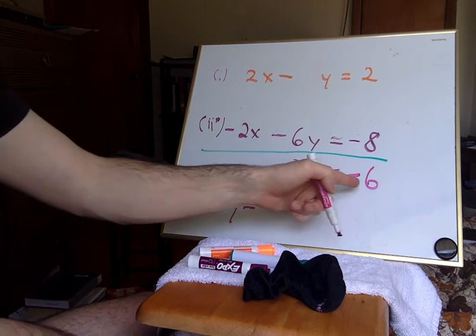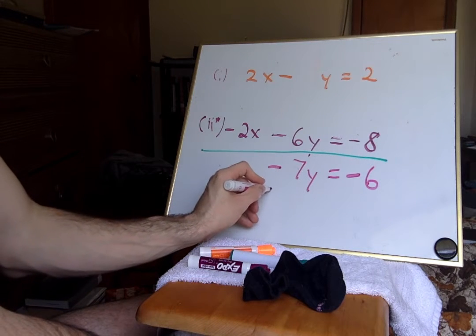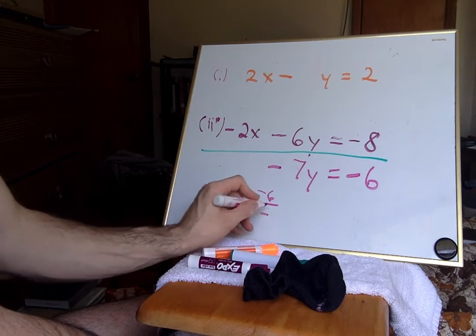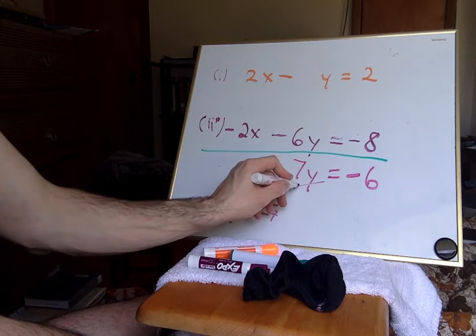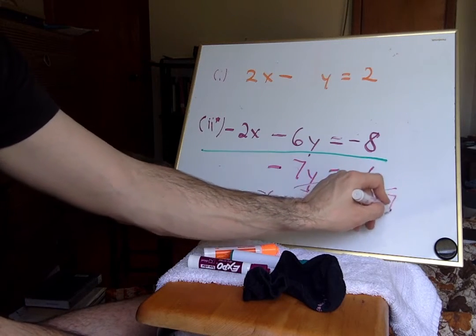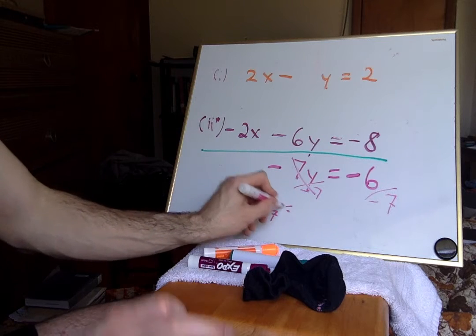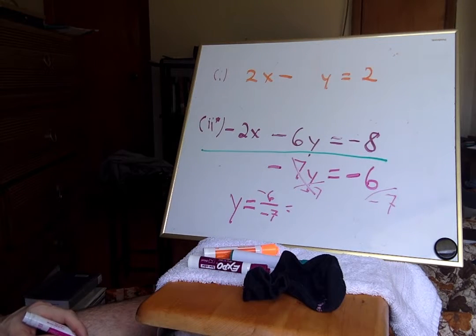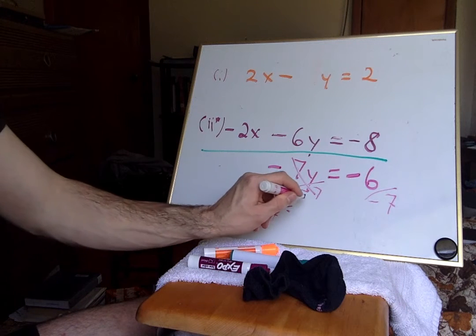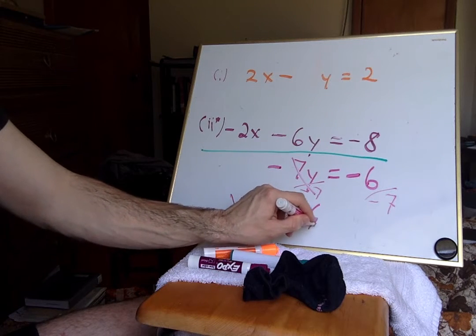If I divide negative 6 by negative 7, I can solve this. The negatives will cancel, and negative 6 divided by negative 7 is 6 divided by 7.